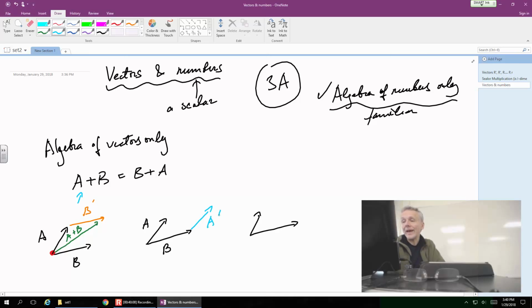Okay, and then I connect my origin to the end of this vector. So this is B plus A. Once again, to repeat, this is B, this is A, and I can do this, and I can do that.